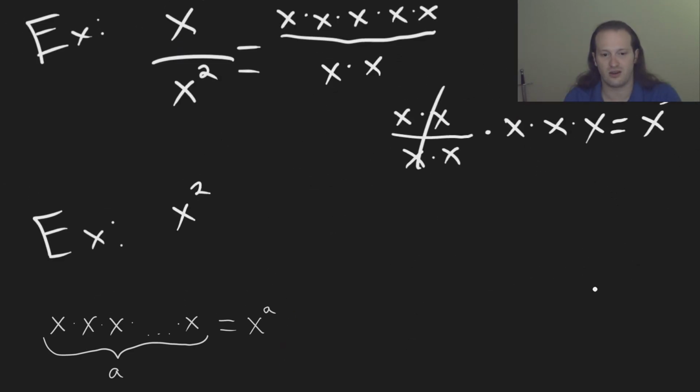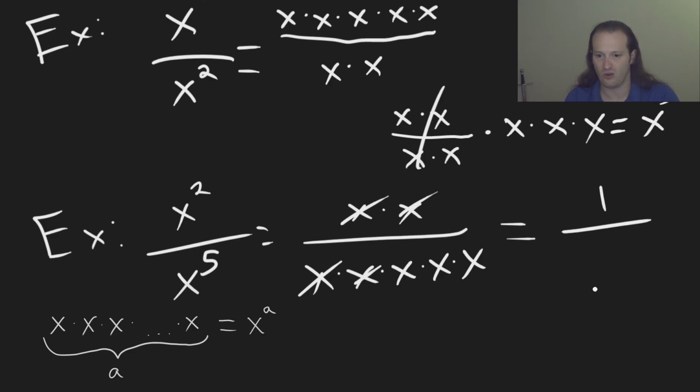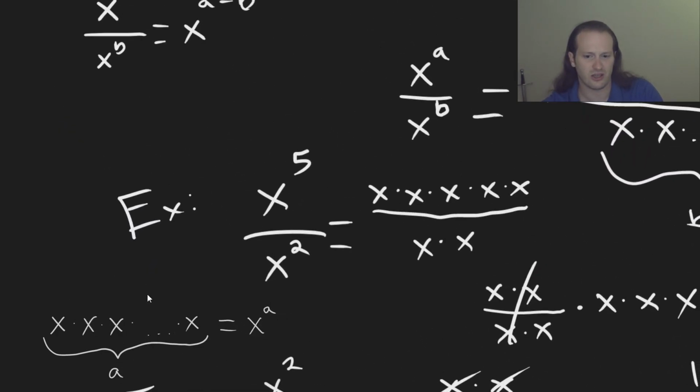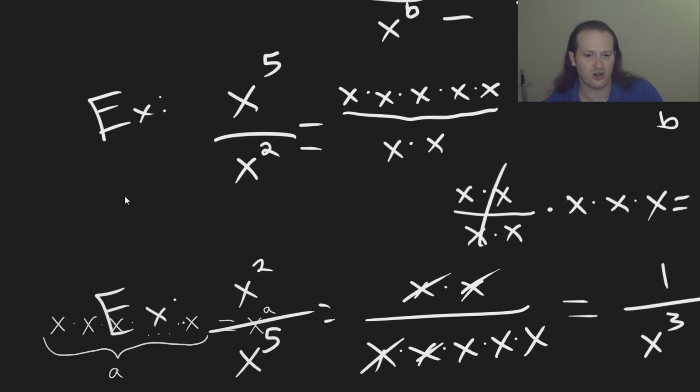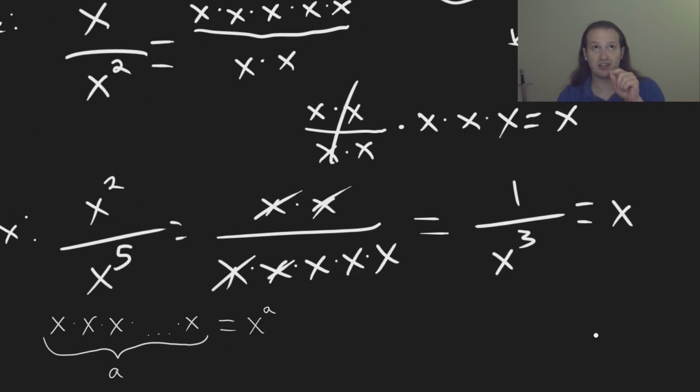If we did the problem as a reciprocal, we would only have 2 x's on top, but then 5 x's on bottom. By that same logic, we would cancel out 2 pairs of x's. We're left with 1 on the top over x cubed. By the shortcut, we would also rewrite it as x to the 2 minus 5, which is negative 3.